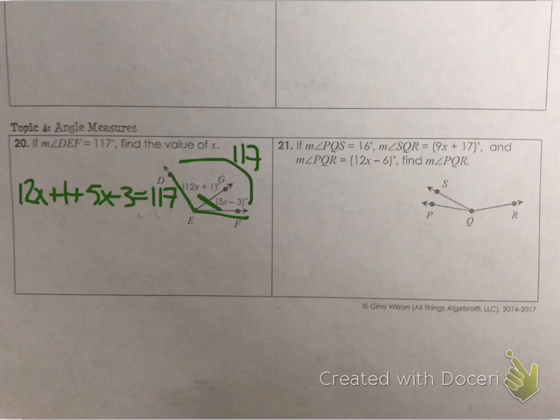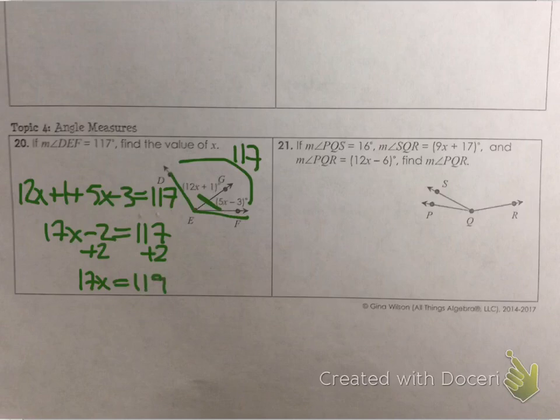You're going to get 17x minus 2 is equal to 117. Then you could add 2 to both sides. So 17x equals 119. Divide by 17. And x is equal to 7. Bada bing, bada boom. There you go.